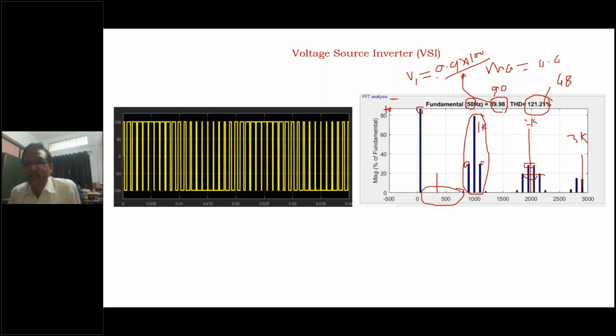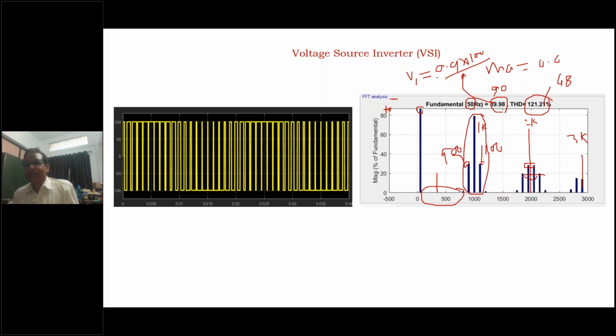So this will be the switching frequency plus 2 times the fundamental frequency. The switching frequency is 1000, so this will be 1100 hertz: 1000 plus 2 times the fundamental frequency. So this frequency is 1100 hertz, and this frequency is 1000 minus 100, 900 hertz.